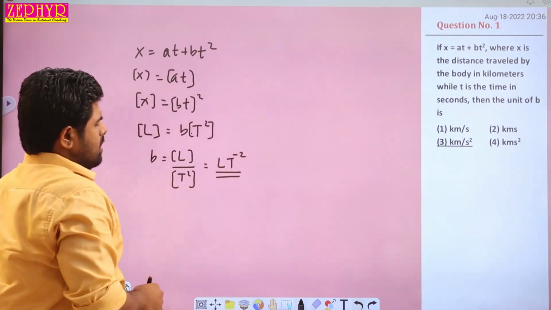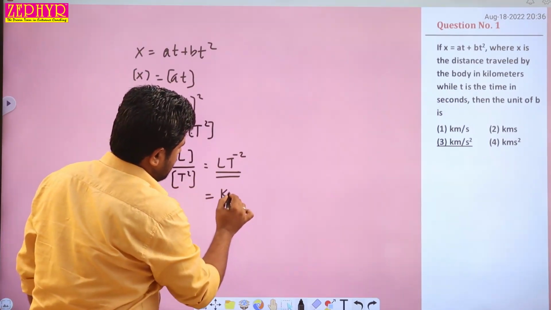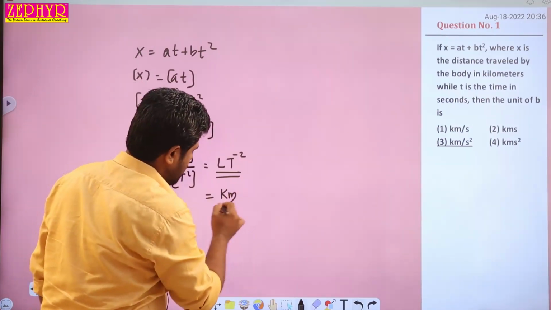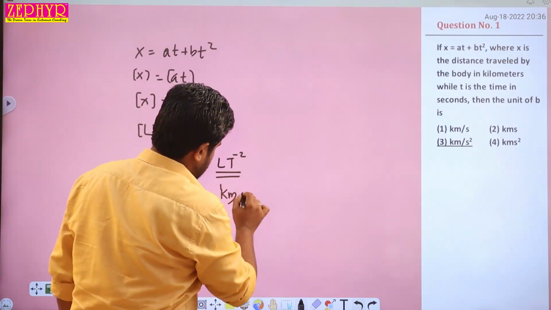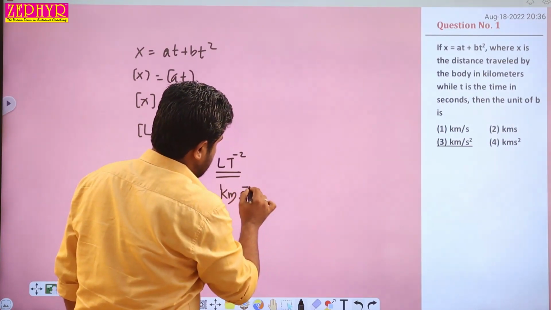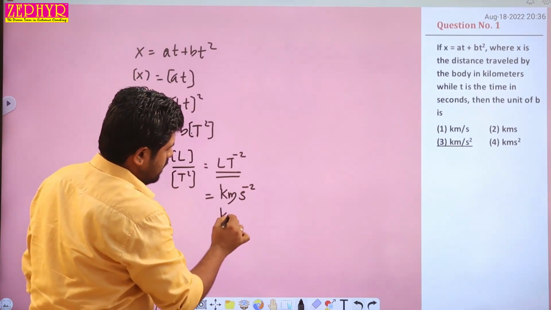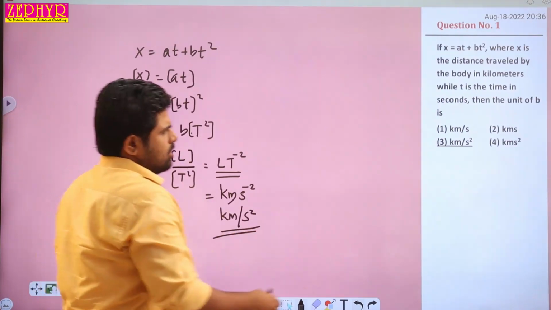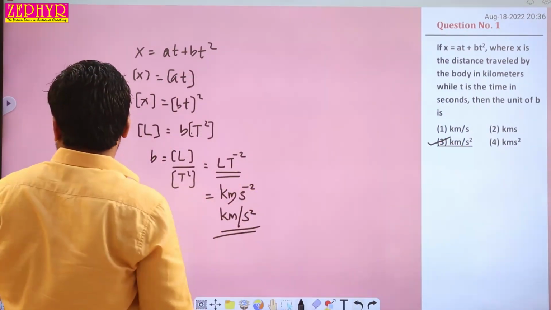That means the unit, we measure the length in SI system by using kilometer, and time in second, so kilometer, second raised to minus 2, or kilometer per second square. Okay, so here this one is the correct answer. Clear?